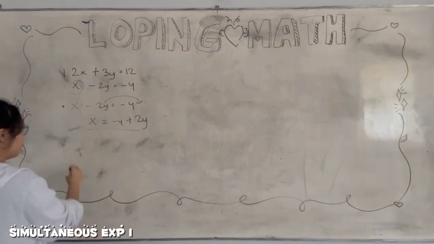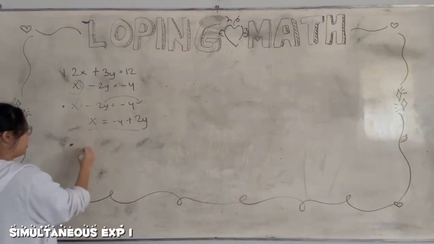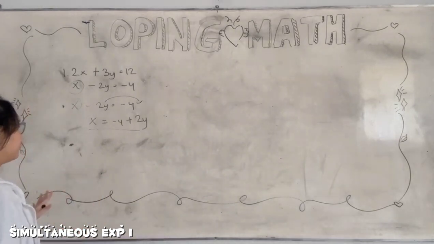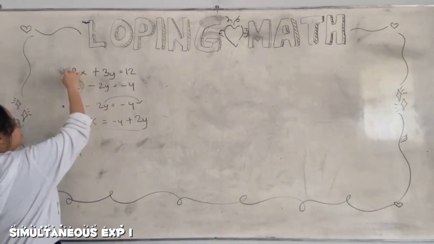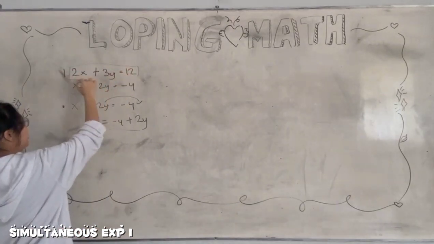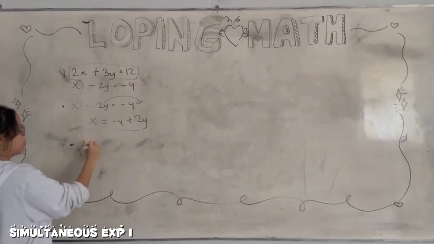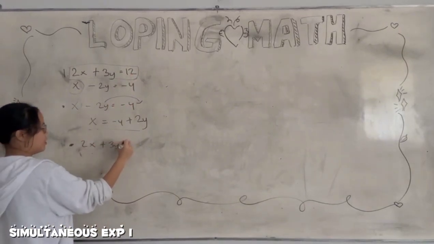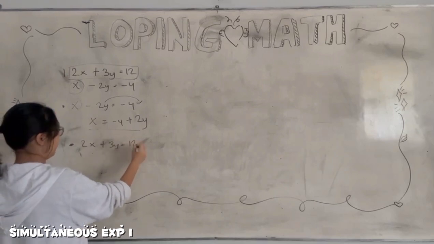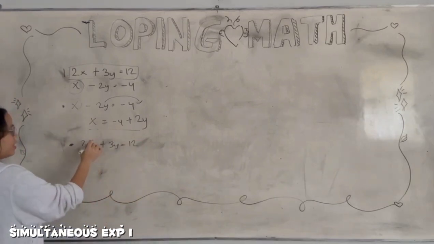And then step 2 is we substitute the x value into the other equation. The equation is 2x plus 3y equals 12. So 2x plus 3y equals 12, and the x is this.